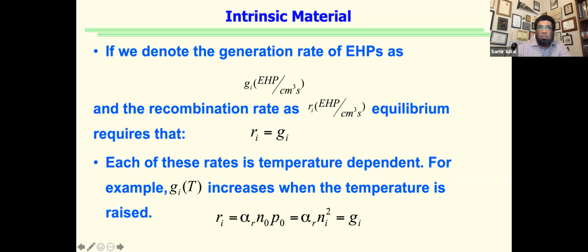From this idea that RI depends on how many electrons or holes are there, we can write a simple relationship where we write this alpha R, which is the rate of recombination constant. This tells us how fast they are coming back and binding with each other.